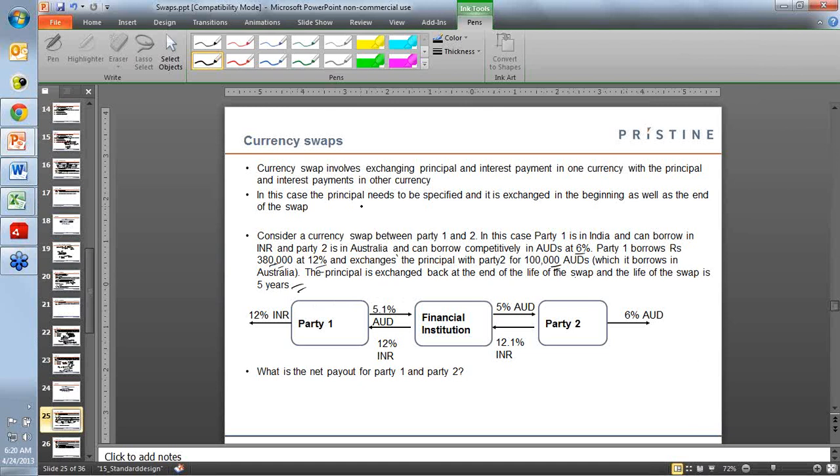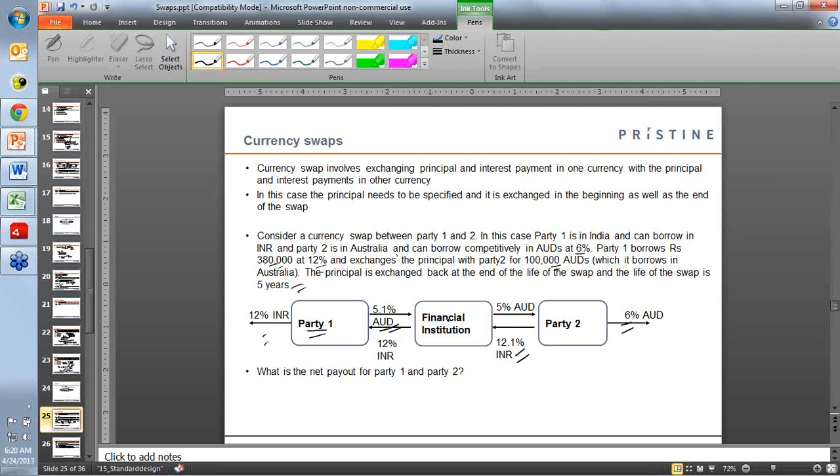So what happens here is similar to the case we discussed earlier. Party 1 wants to change its liability from a payment in Indian rupees to a payment in Australian dollars, and party 2 wants to change its payment from Australian dollars to Indian rupees.